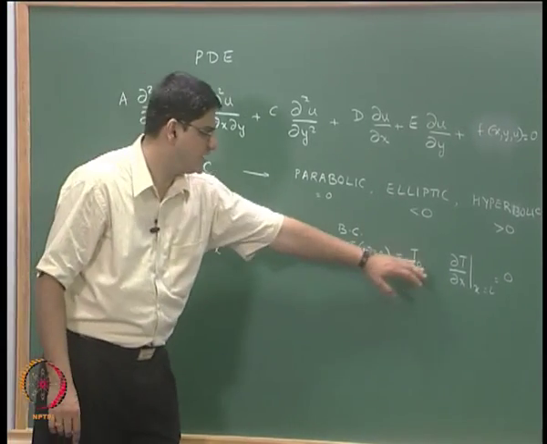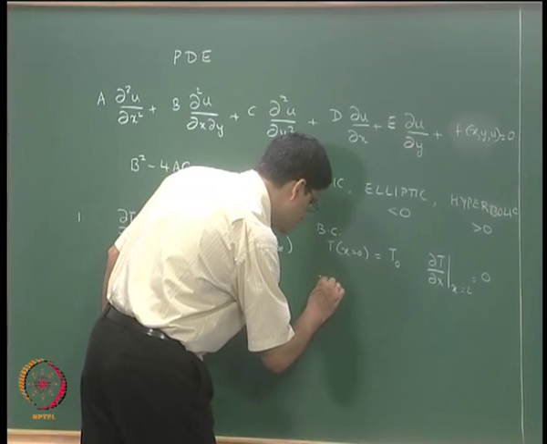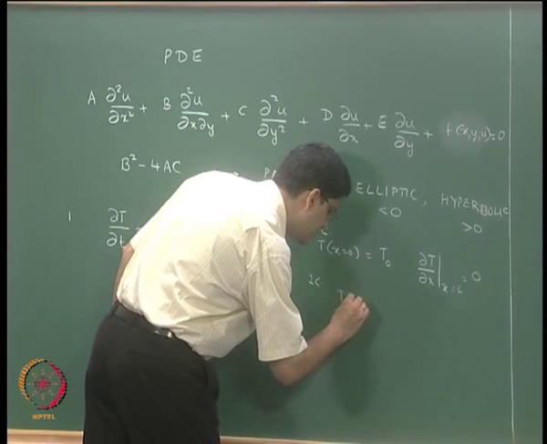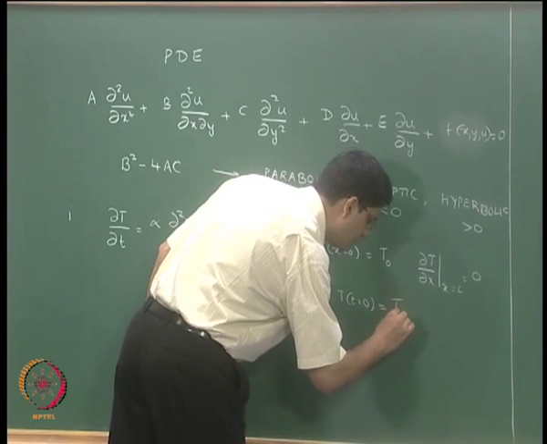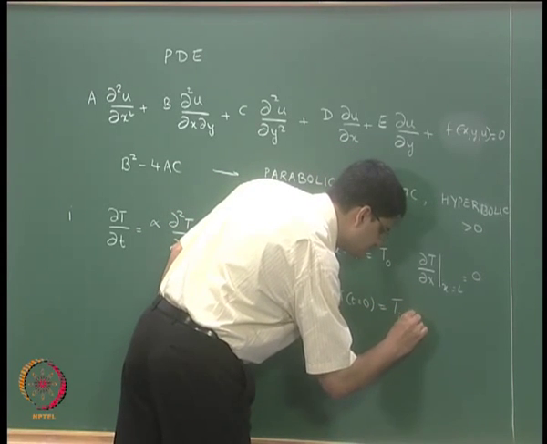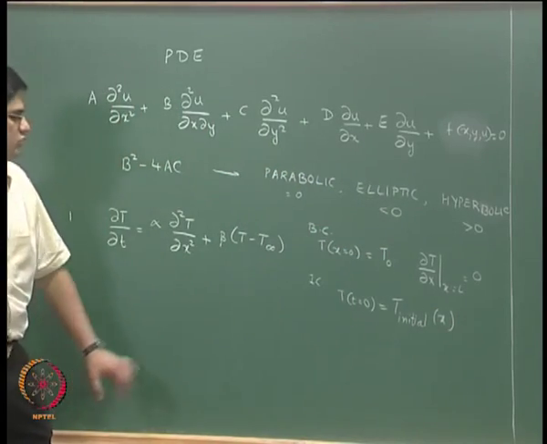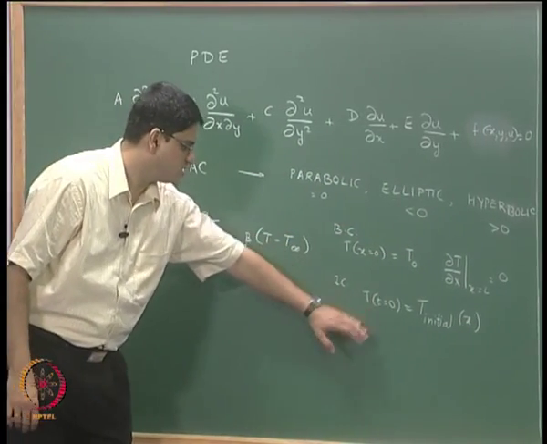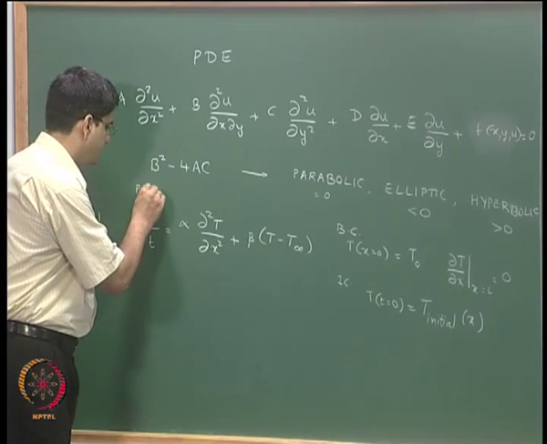So that is one example of the boundary conditions, and the initial condition for this system is T at t equal to 0 is some profile T initial. Okay, so given these boundary conditions and initial conditions, we can solve this parabolic equation.